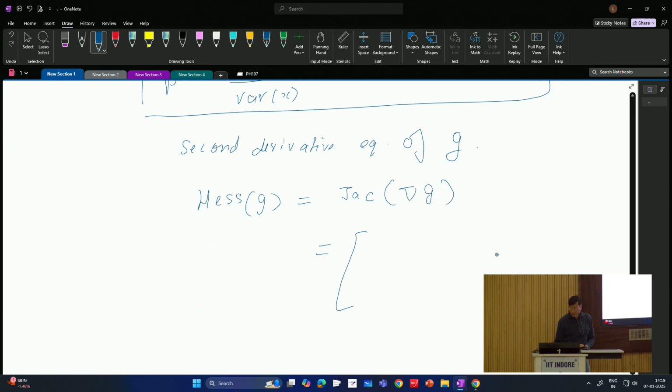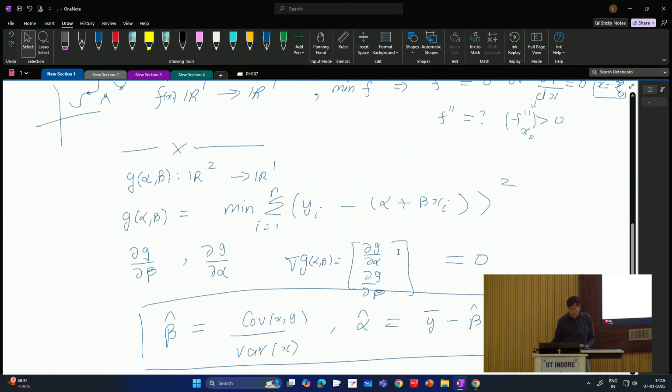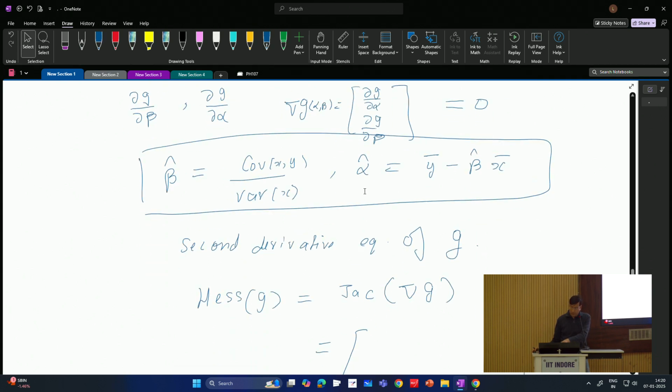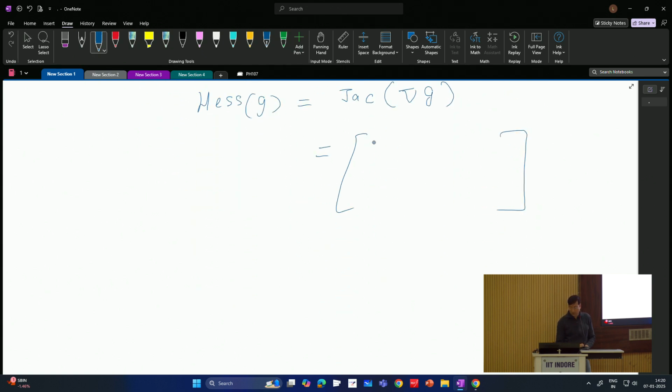What it says is that you take each of the elements and differentiate with respect to all the elements. So if I have the first element of gradient of g as dg over d alpha, I'll differentiate with respect to alpha and with respect to beta and put it in a matrix format. So this will be d2g over d alpha square, d2g over d beta d alpha.